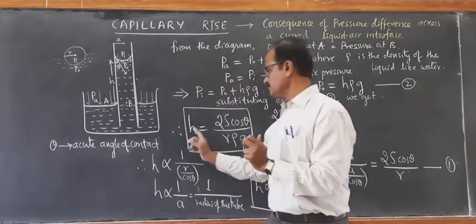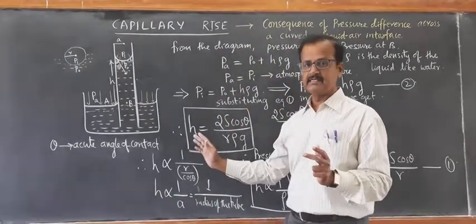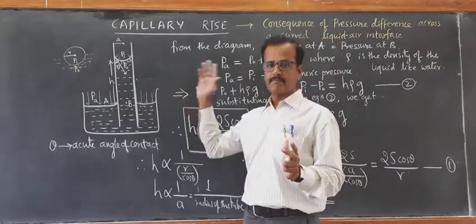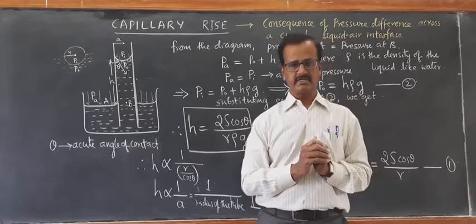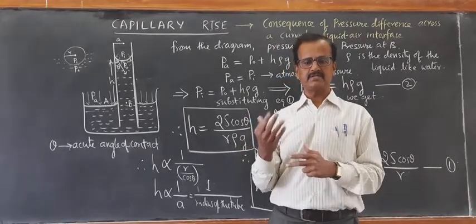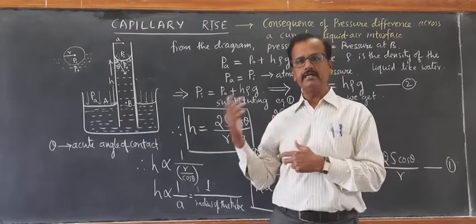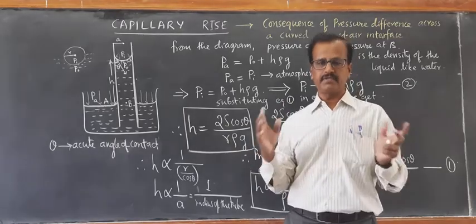That is by this capillary rise. So the capillary rise is again a consequence of pressure difference, and pressure difference is a consequence of surface tension. This is how we relate capillary rise, ascent of sap, directly to the property of surface tension and pressure difference.